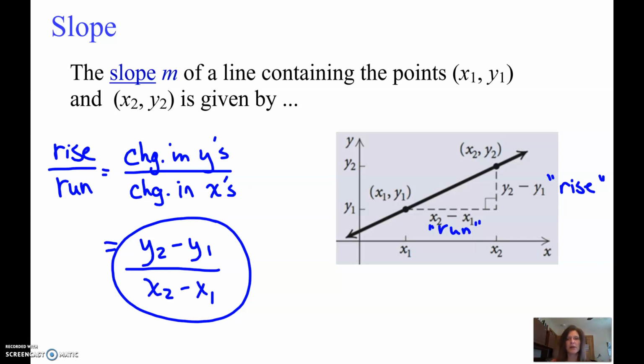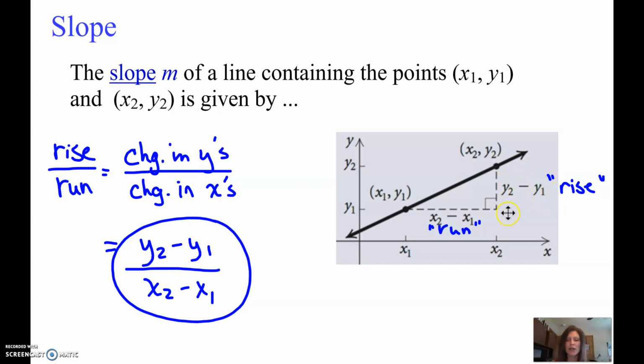That's the intuitive idea. The mathematical formula for this is saying, okay, so you have a line that goes through point x1, y1, so this point here, and through x2, y2. So it's just two separate points. Then I want to calculate the slope, which is going to be the vertical change over the horizontal change.